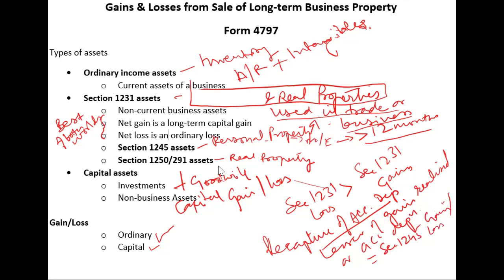Now, if we talk about section 1250, that is real property, for example a building used in trade and held for more than 12 months.